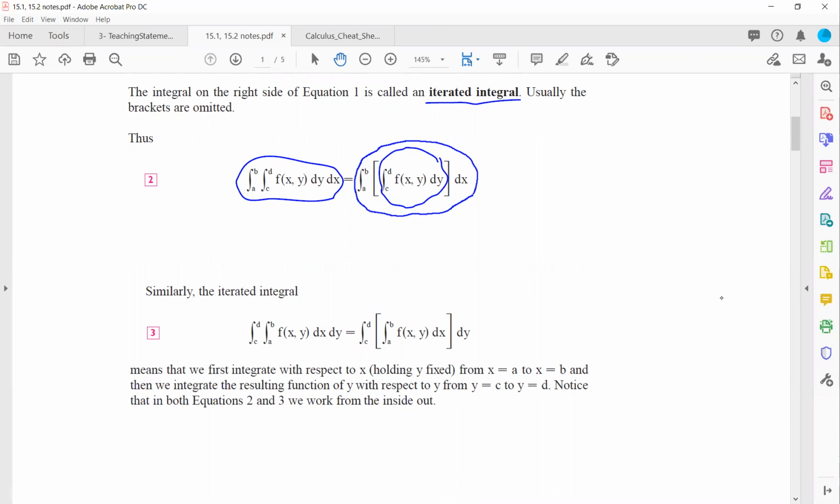So the inside integral is now with respect to x, because [a, b] is on x-axis. The outside integral is with respect to variable y, because y has interval c to d.